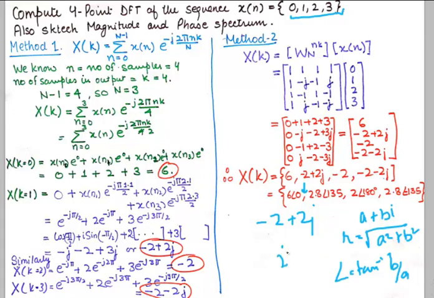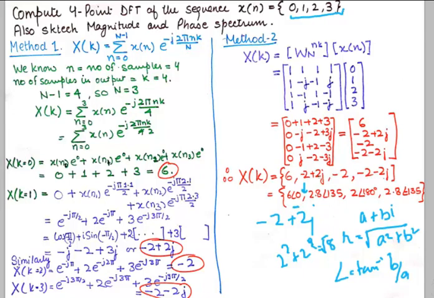So this becomes 2 square plus 2 square, which is under root 8, and the angle is tan inverse, which is what we want to find here.